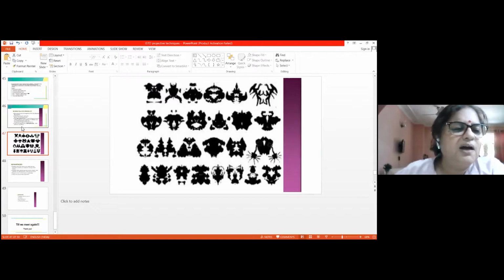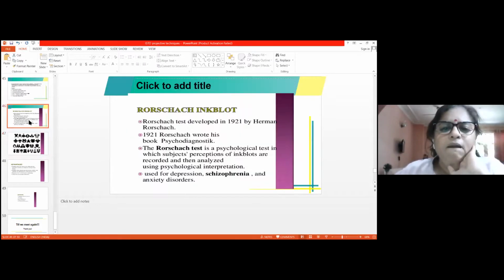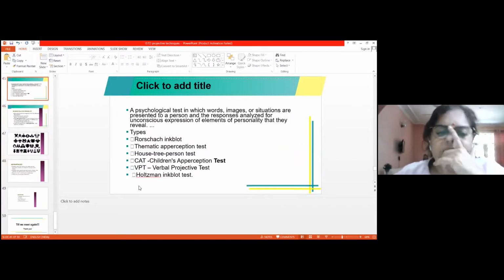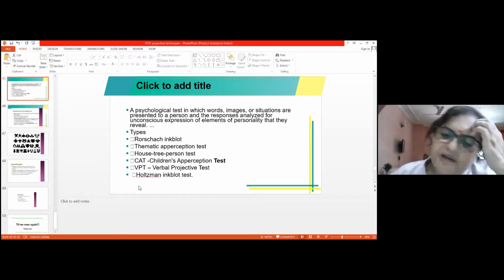But this is used more for schizophrenia, anxiety disorders and depressions, and it has to be only administered and interpreted by a psychologist. So we as trainers are not advised to use this projective technique, but you can know about it. Then there is a house tree person test in which a person is asked to draw a house and a tree. And this is also for mental disorders.